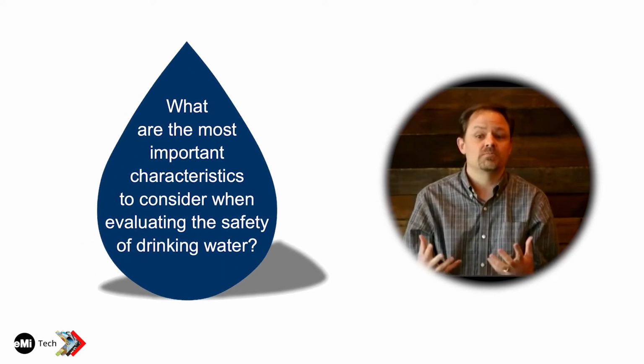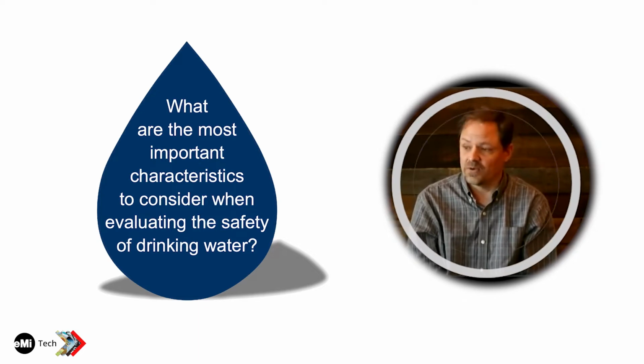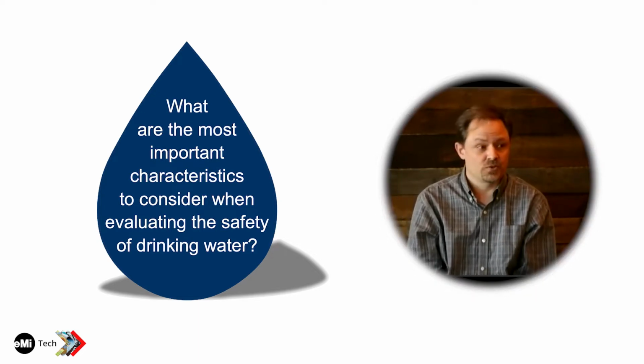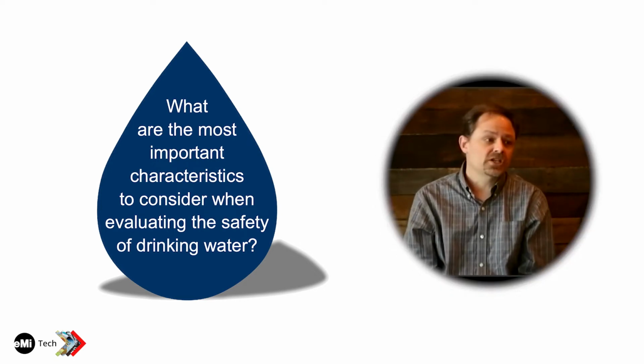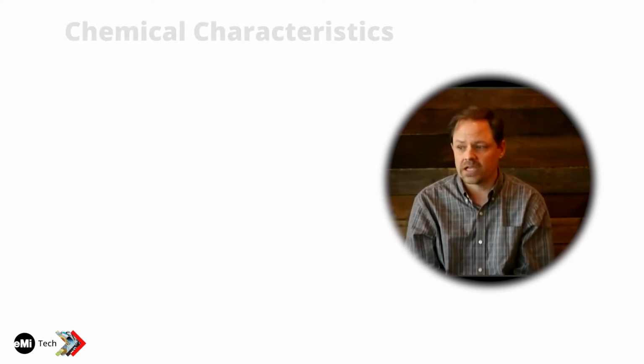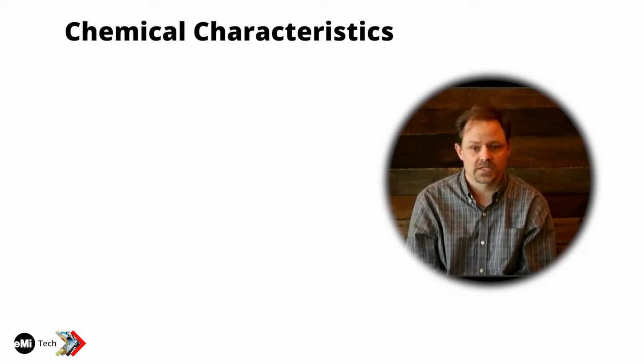So of course, that raises the big question: what are the most important characteristics to consider when evaluating the safety of drinking water? Well, we can actually break down the characteristics into 2 categories. The first is what we call chemical characteristics. The second would be the biological characteristics.